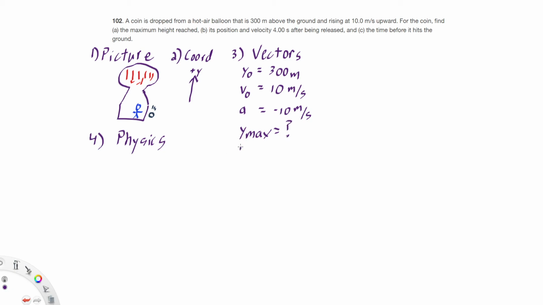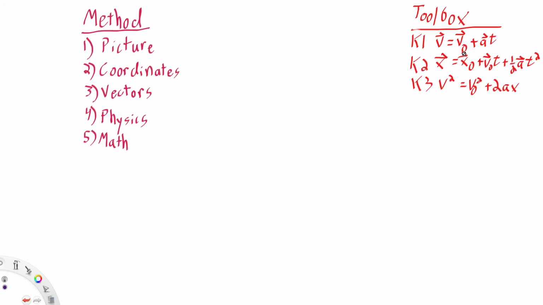And we want information about the time it takes for y to be equal to 0. So once again, it looks like K2 is a pretty good bet here, it's going to involve distance, time, and acceleration. So let's start with that.